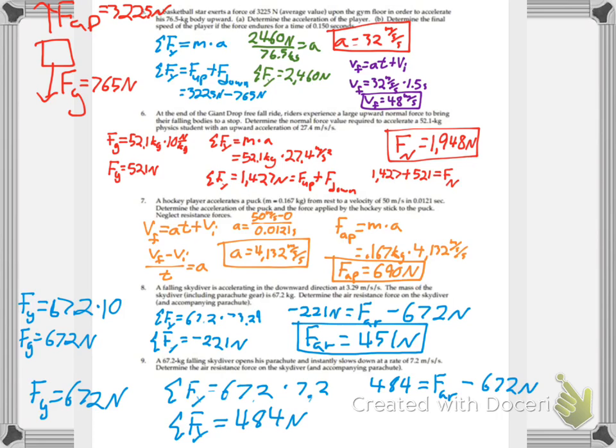Our net force we just calculated to be 484 newtons. So by adding 672 newtons to both sides of the equation, we find that the air resistance exerts a force of 1,156 newtons.